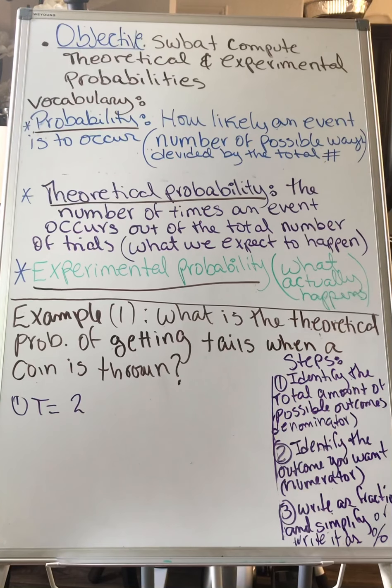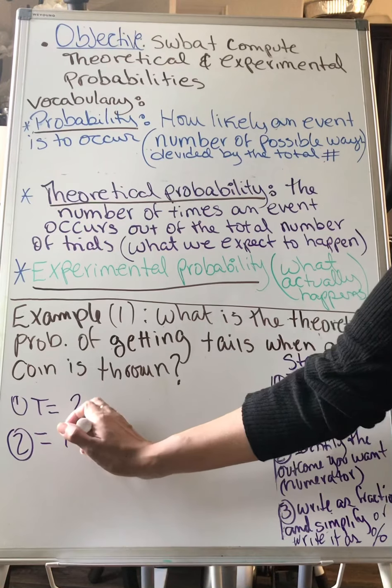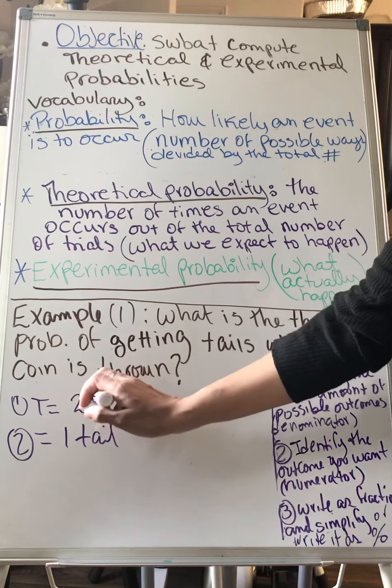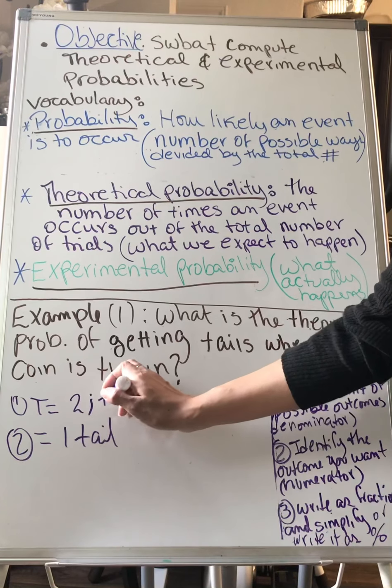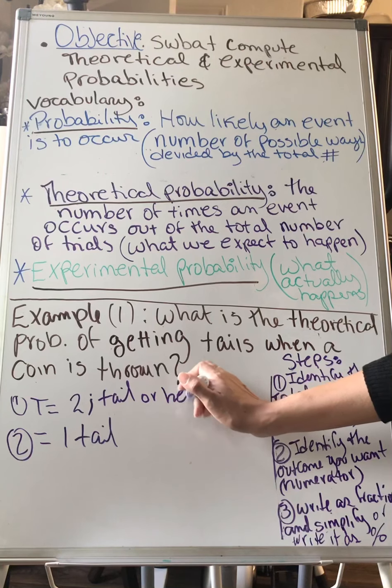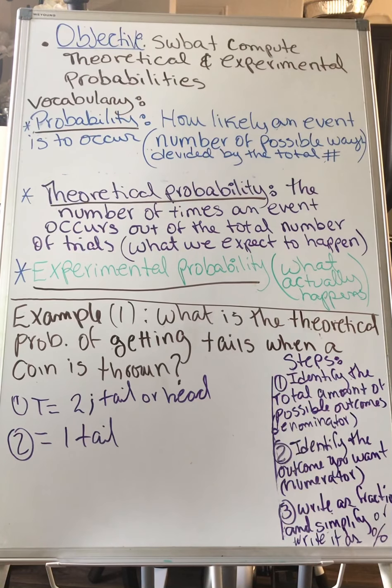Tails is just 1 out of 2. So for step 2, I want 1 tail. The 2 possible outcomes are tail or head, and what I want is a tail.